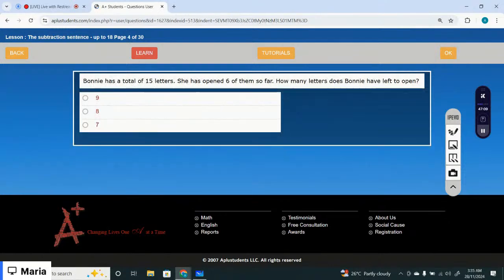Booni has a total of 15 letters. She has opened 6 of them so far. How many letters does Booni have left to open? So the total letters she has is 15. She opened 6 of them.